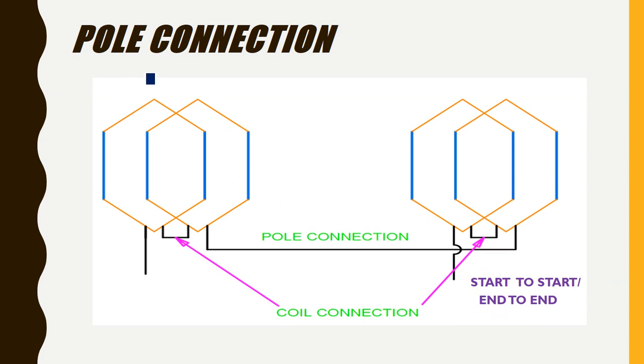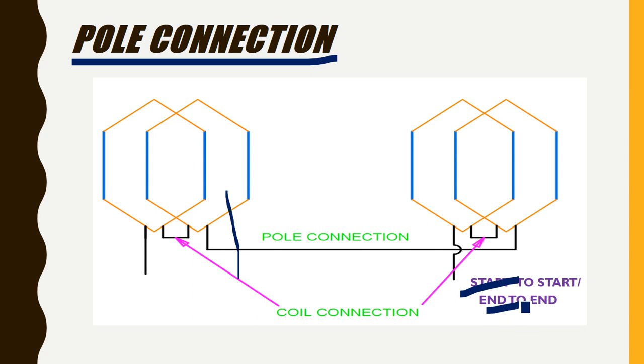So we have now discussed the differences between coil connection and pole connection. When you are drawing the diagram, you have to make connections finally. The pole connection will be start to start and end to end, and coil connection will be start to end or end to start.